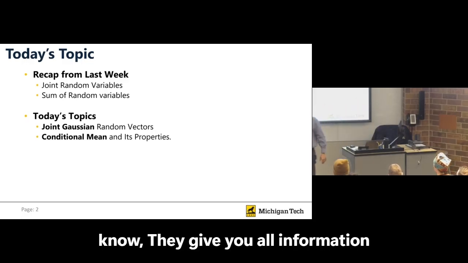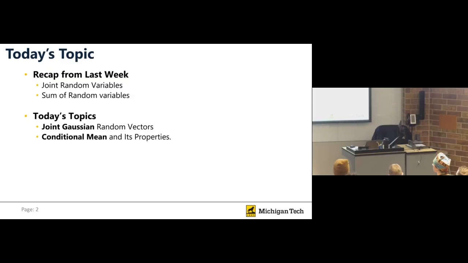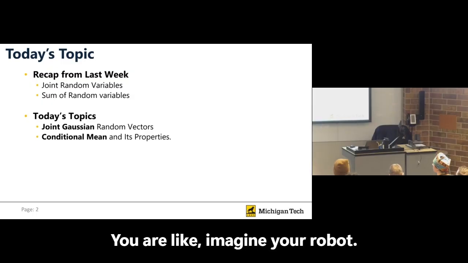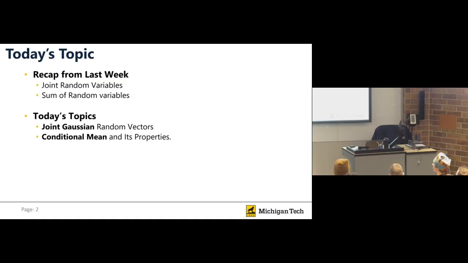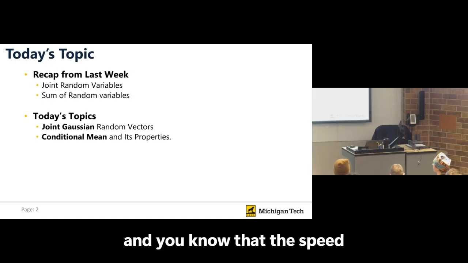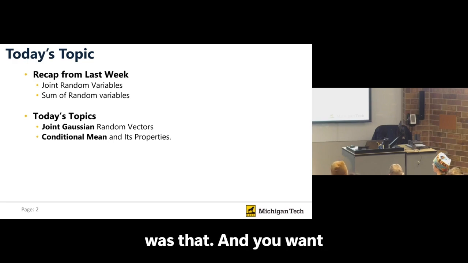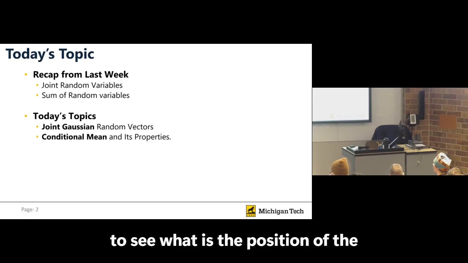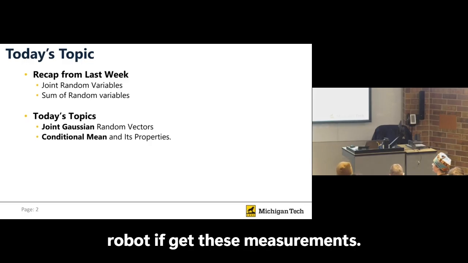They give you all the information that you need. Mean is the point that you are, like imagine a robot. The robot was moving with this speed, and you know that the speed was that, and you want to see what is the position of the robot, given these measurements.